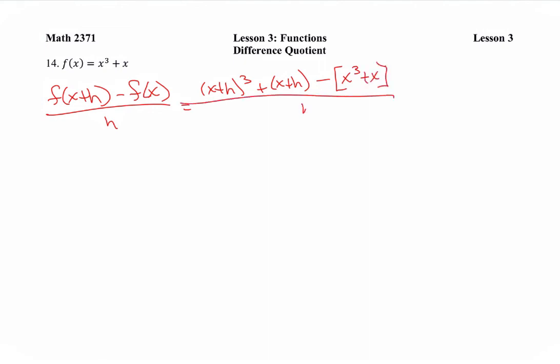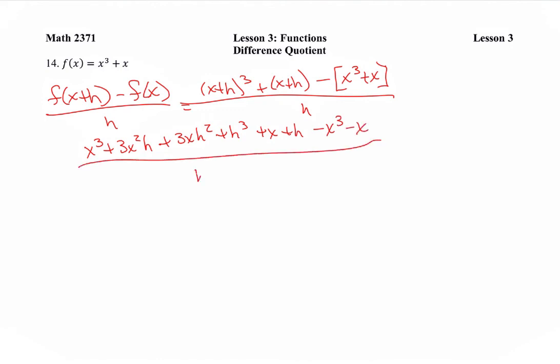All of that is over h. Now, I don't have to multiply x plus h cubed because from Pascal's triangle, I know it's x cubed plus 3x squared h plus 3xh squared plus h cubed, plus x plus h, minus x cubed minus x, all over h.